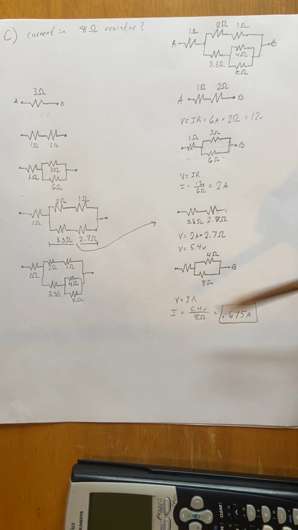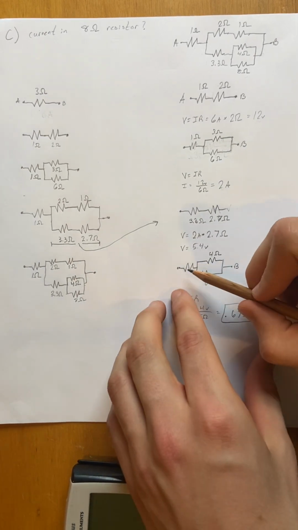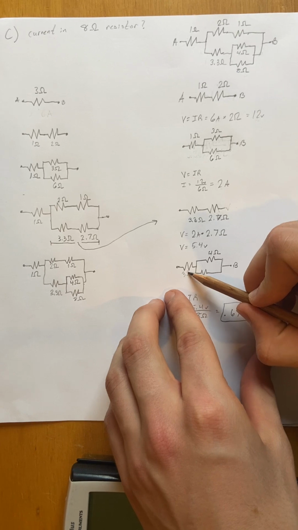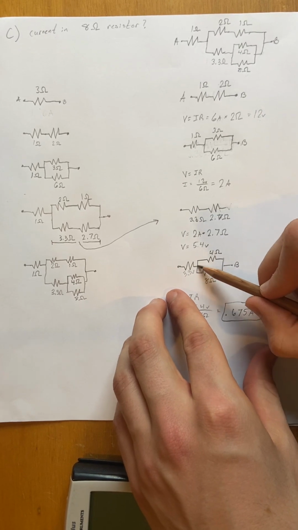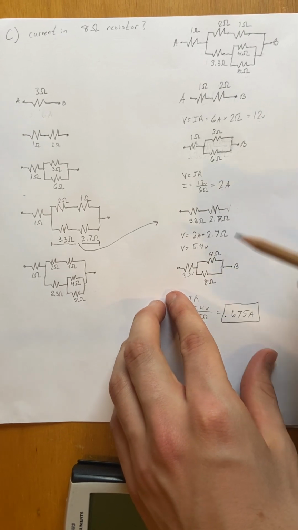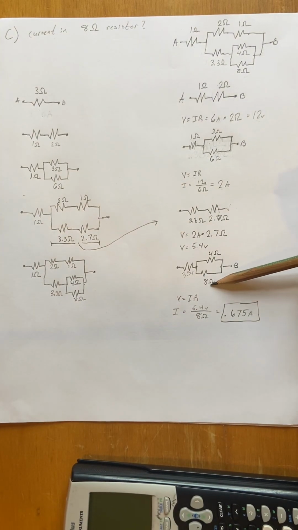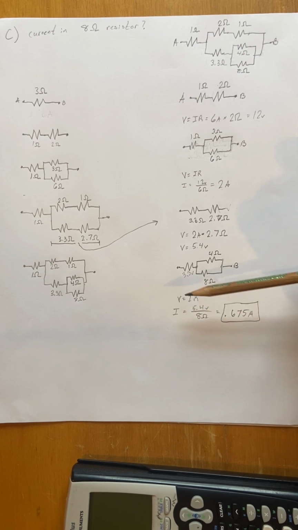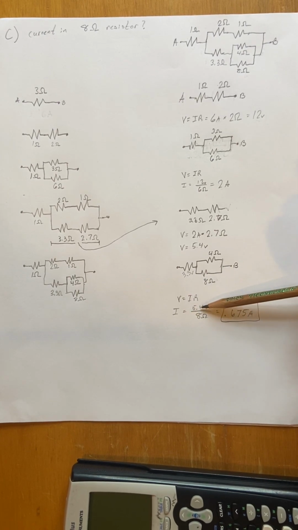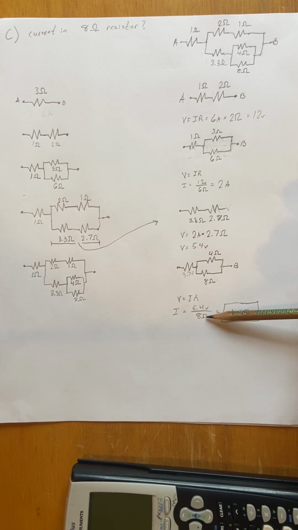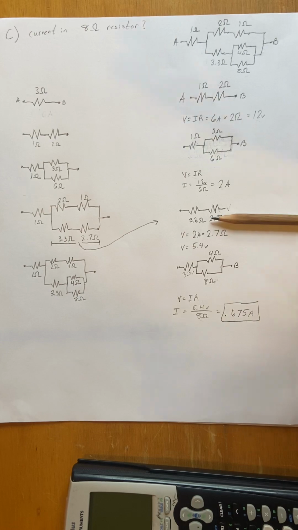And now that we know this 5.4 to be the voltage drop across this resistor, or this node to this node, we can find the current through, because if we know the voltage and the resistance, we can find the current. So to find that, we know that the voltage drop is 5.4 divided by 8 ohms to find 6.75 amps.